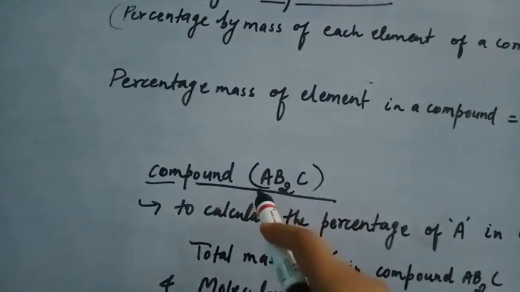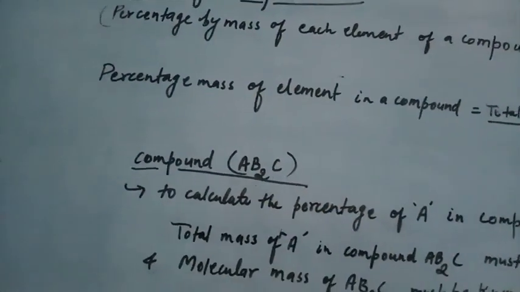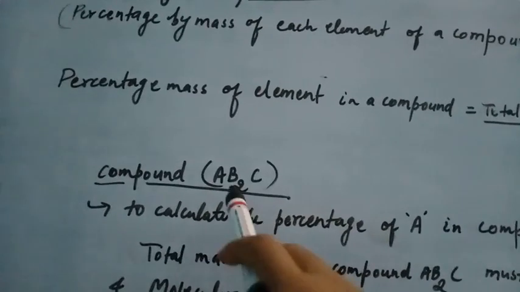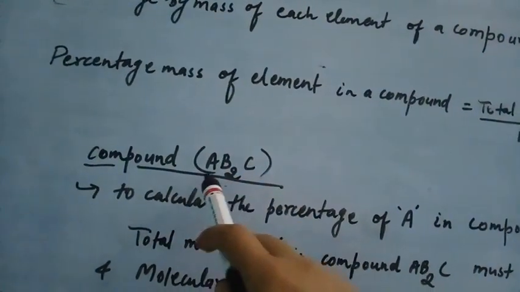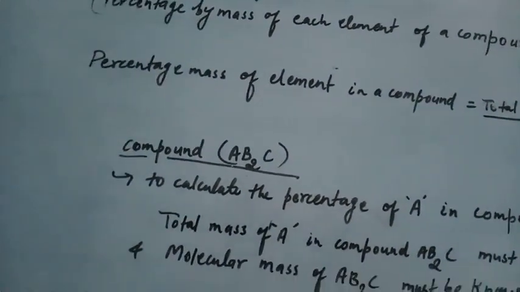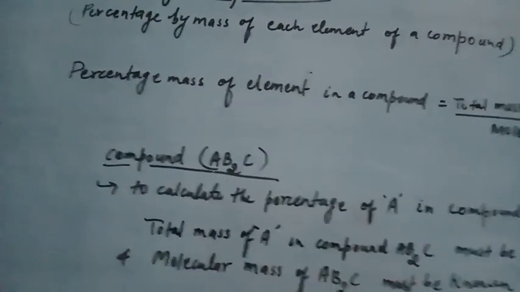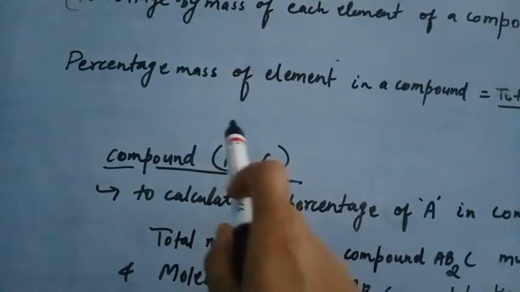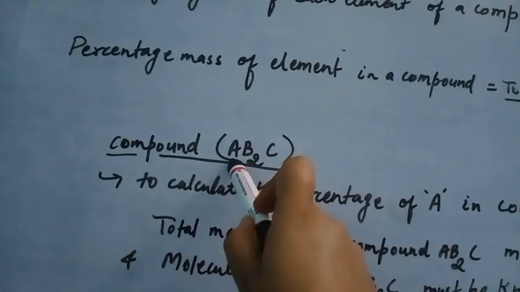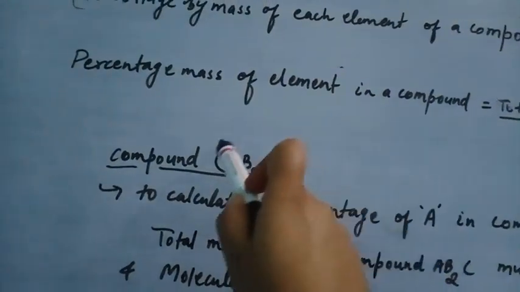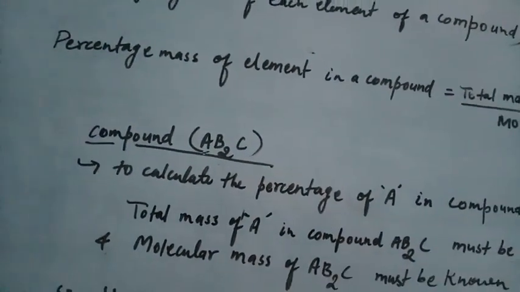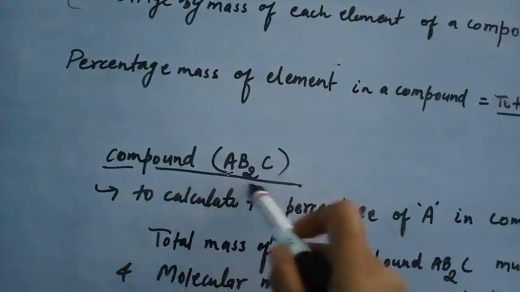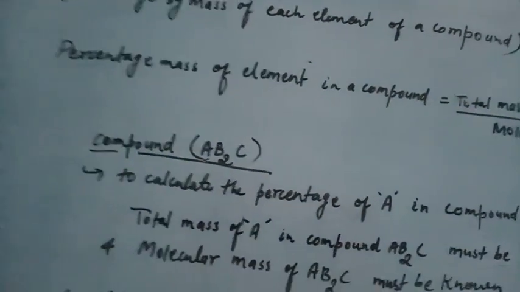Let's say you have a compound AB2C and you are asked to calculate the percentage by mass of A in compound AB2C. For that, the value of total mass of A in this compound must be known, and also the molecular mass of AB2C must be known.